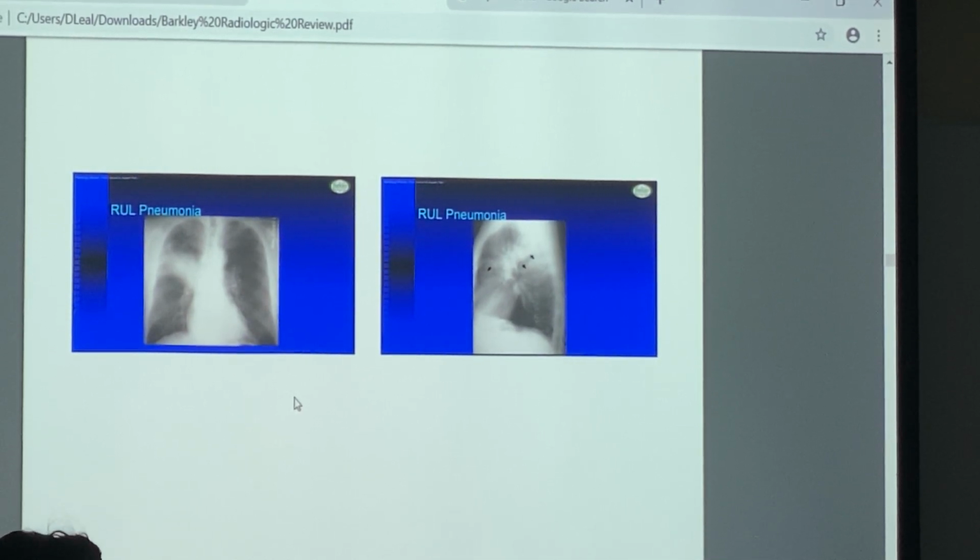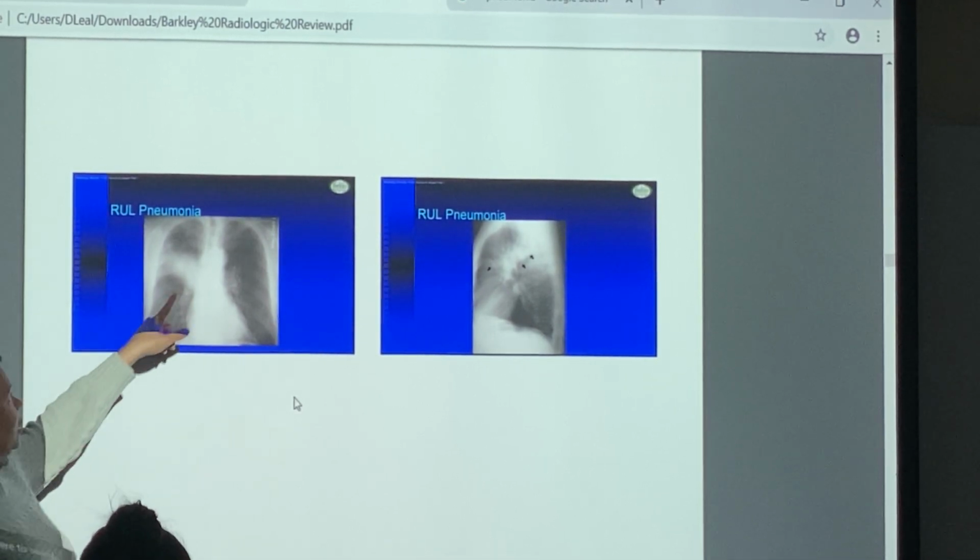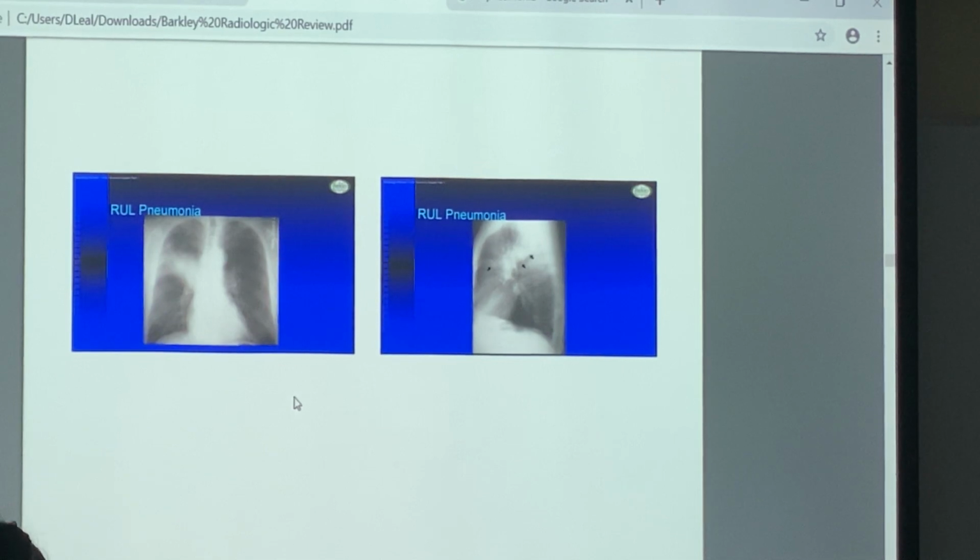So it has to go down, unless it's loculated. And if it's loculated, it's old. It has already created a coating of fibrotic tissue. So you can say that it's a loculated effusion versus a pneumonia, but I would not be able to tell you the difference based on x-ray.